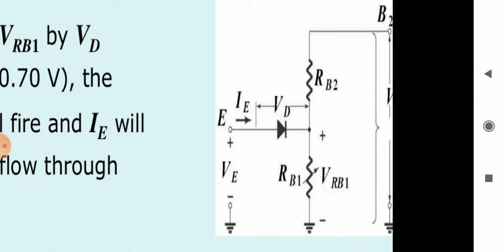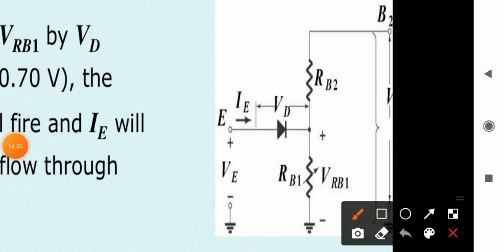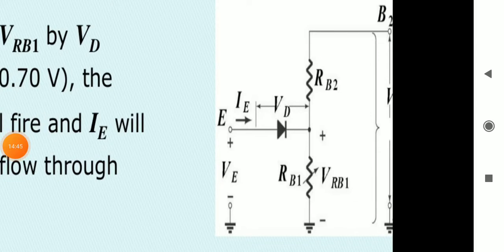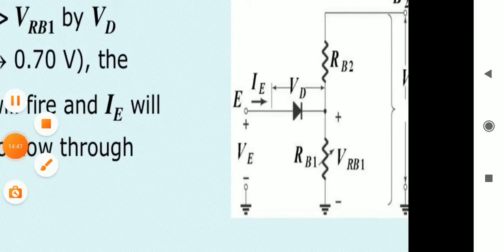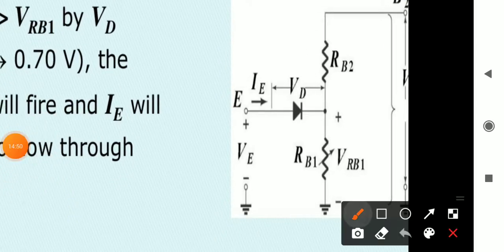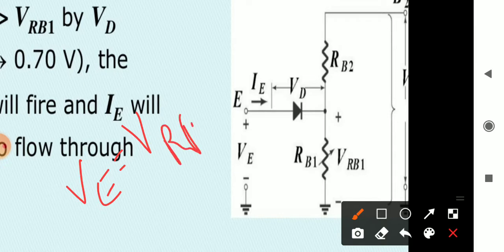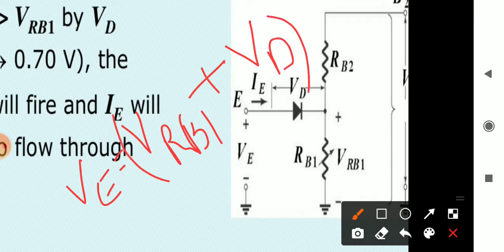If we consider any semiconductor device, there will be a threshold voltage. Only if we supply that threshold voltage will it start to conduct. So if my VE voltage is greater than VRB1 plus the threshold drop of the diode, then it will start to conduct, and only then will the current IE start to flow in the circuit.